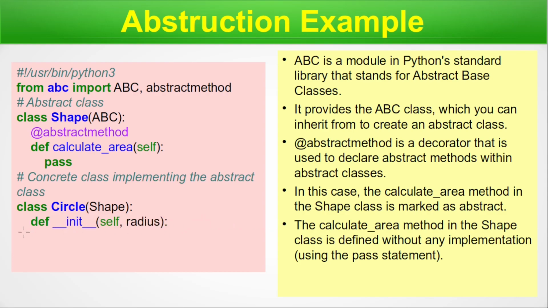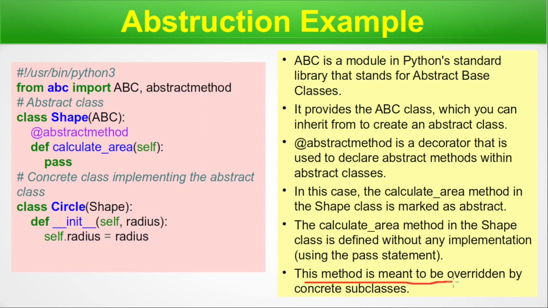Now def __init__(self, radius), so we have to give the radius of the circle, and we write self.radius = radius, so that means we are assigning the numerical value as the radius. This method is meant to be overridden by the concrete subclass. Now calculate_area.